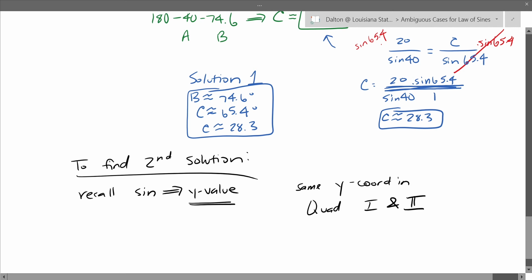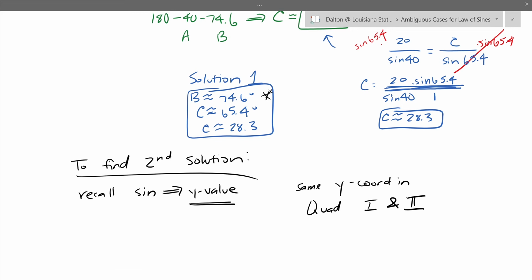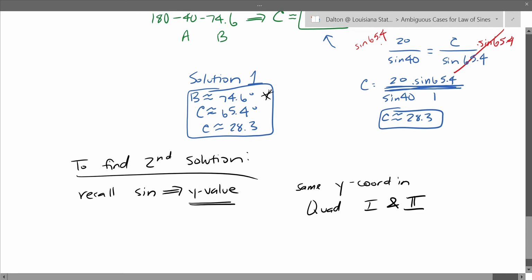Well, we just used quadrant 1 when we found that B was 74.6 degrees. So that means if the first solution for angle B is 74.6, to find the other y coordinate that has that same value, we simply need to subtract from 180.